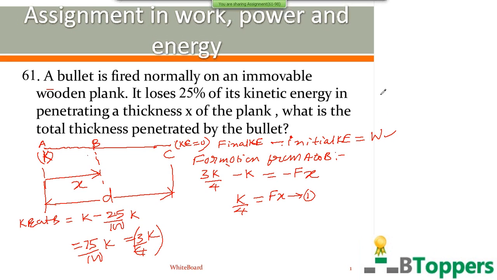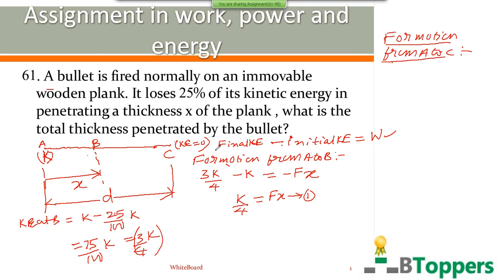Next, again we use the same equation for motion from A to C, because you are asked to find the total distance penetrated inside the plank. So for motion from A to C, you can take A as the initial position, C as the final position.